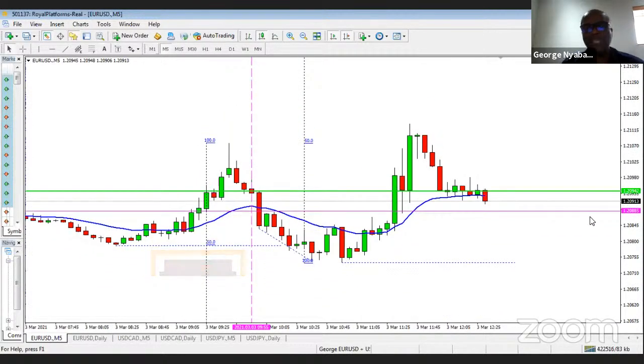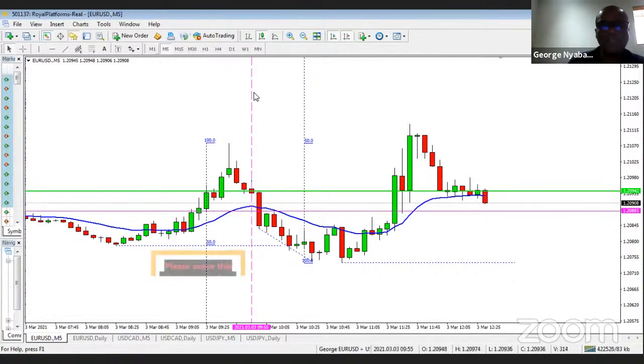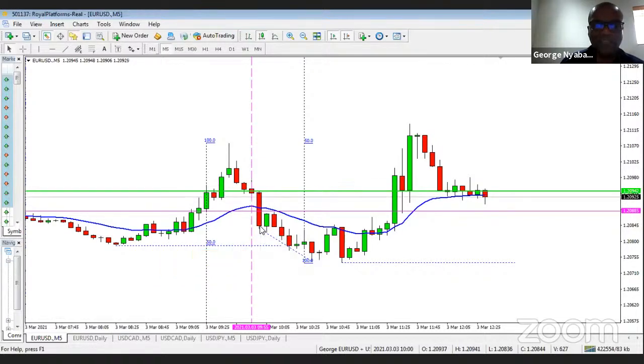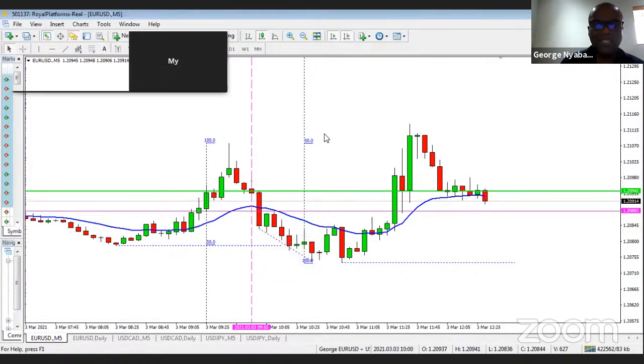Now, when I'm saying that we are in a trading range, what I've marked here, you see this dashed purple or magenta line, that's the open of the European session. You see it's at 9:55. I just put it 5 minutes before so I can see what happened with the first trading candle of the day on the time frame. So there's a bit of selling there.